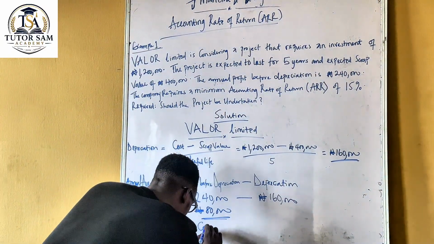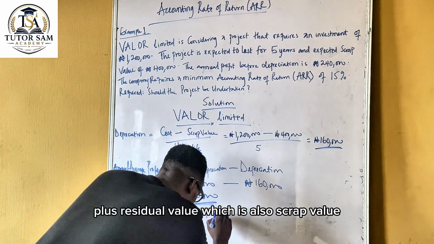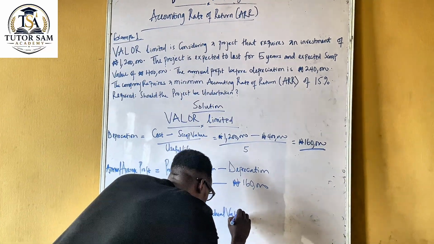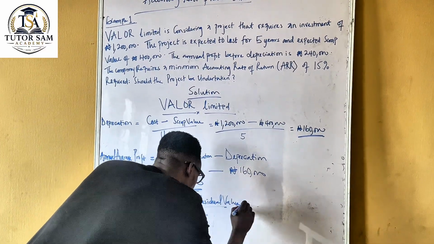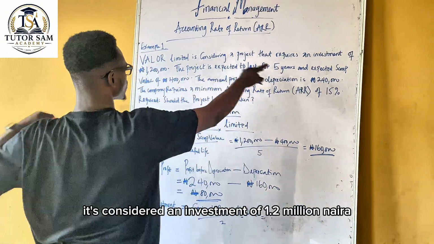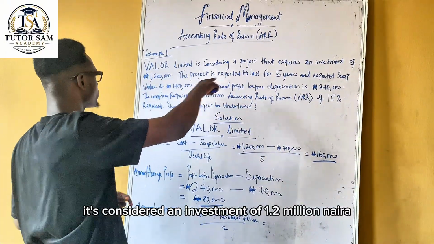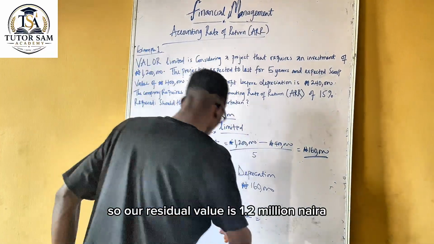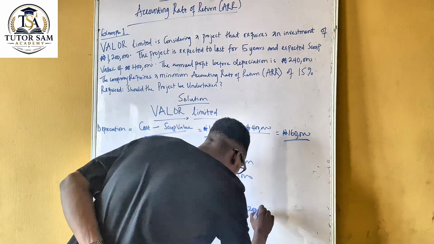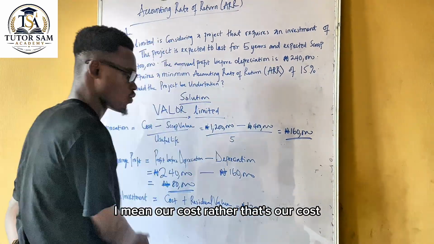Cost plus residual value, which is also scrap value, divided by 2. If you look at the question, our initial cost is an investment of 1.2 million.